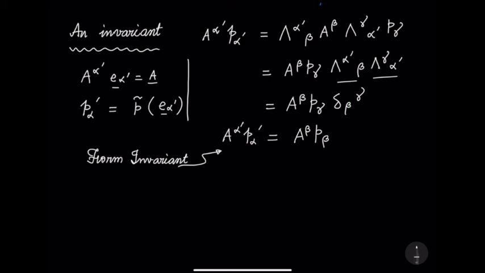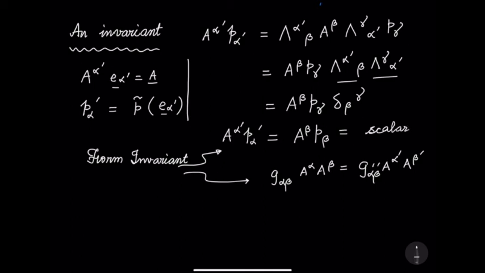We have seen another example of this, which is G alpha beta, A alpha, A beta, which is the same as that; that is also form invariant. In fact, wherever we see that this type of operation gives a scalar, it will be form invariant.